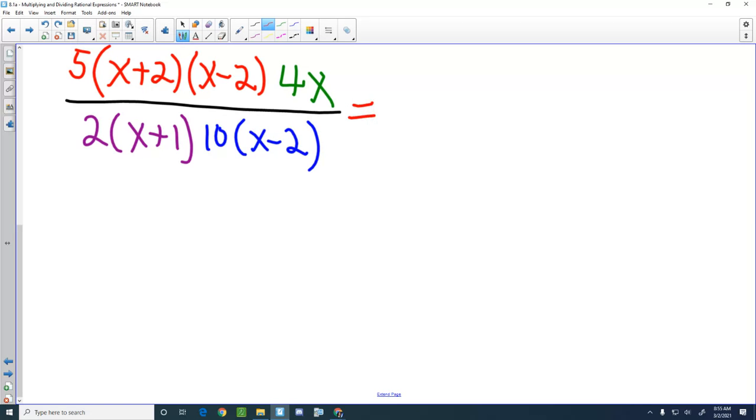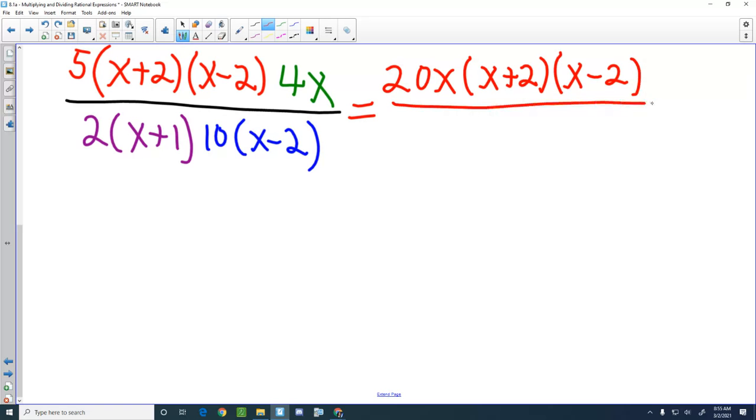And then just multiply all those coefficients together, bring them out in the front. So 5 times 4x is 20x, x plus 2, x minus 2, divided by 20 times x plus 1 and x minus 2.